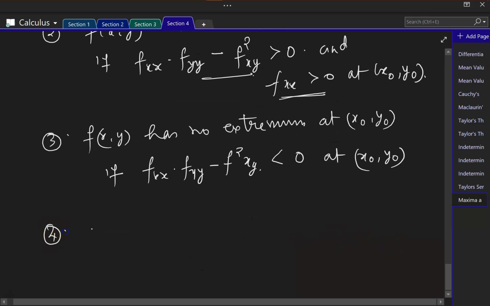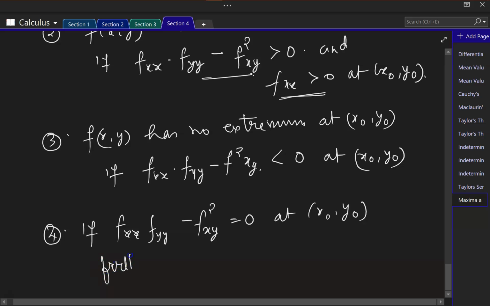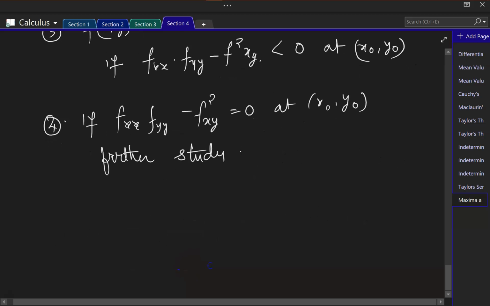And fourth, if fxx times fyy minus f square xy is equal to 0 at x naught, y naught, then we have to do some further study. Okay, so here the critical thing is we have to evaluate this first, right?